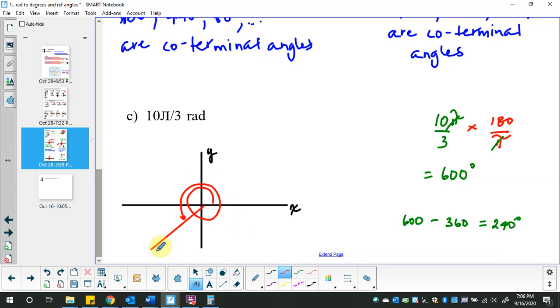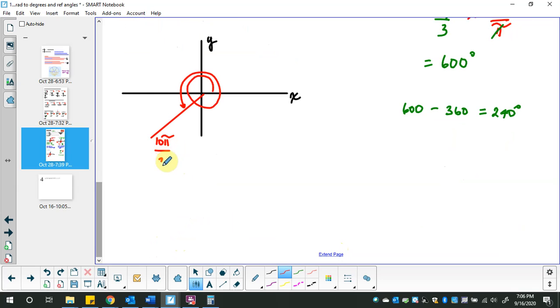So that right there is 10 pi over 3 radians. It's also 240 degrees, so over here on the side, I'm going to take 240, and this is just me scribbling. I don't have to show this work. It can happen on my calculator. So this is 240, this is 180, so I'm minusing them, and I get 60 degrees.